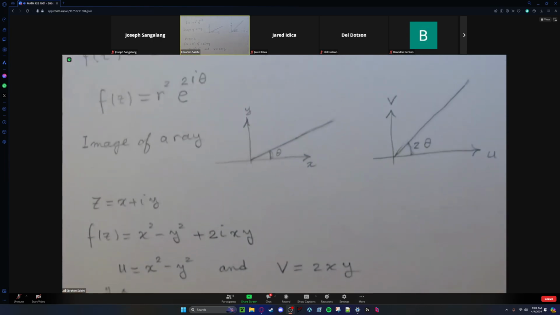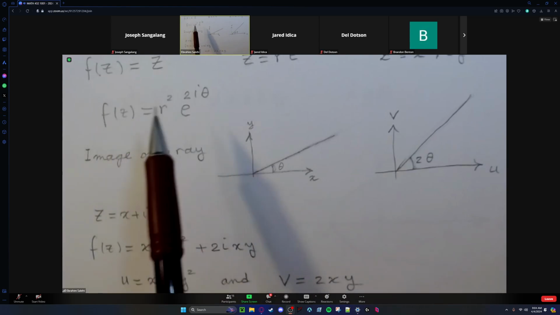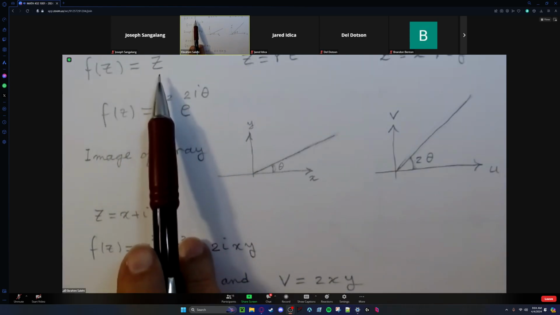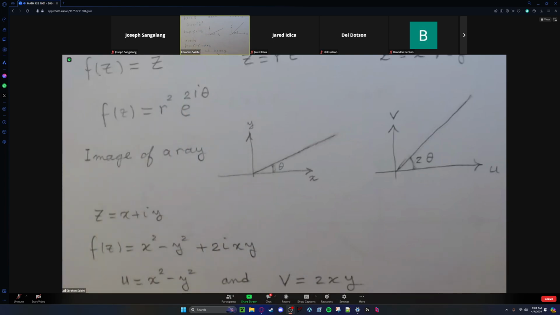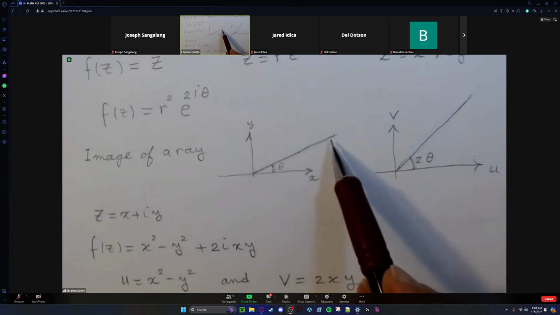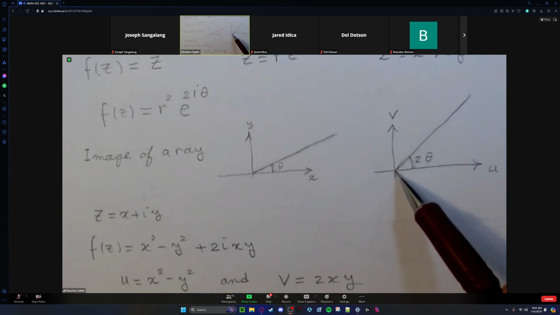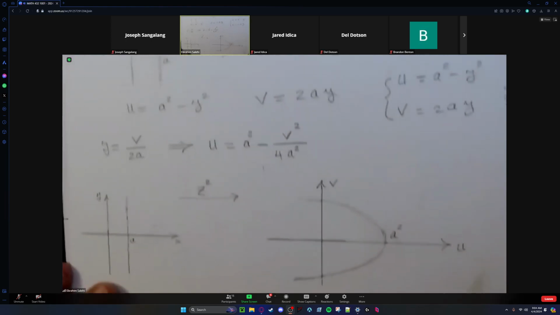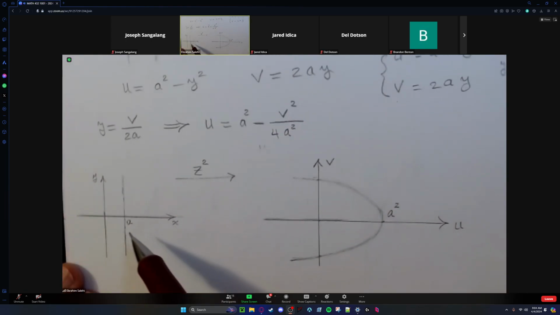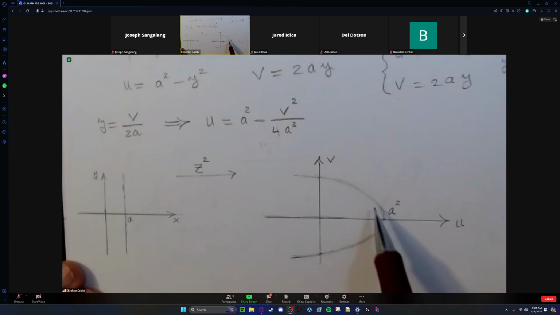So right now, I know that the way z squared works, it sends this ray theta to this ray 2 theta, and it sends this vertical line x equal a to this parabola.